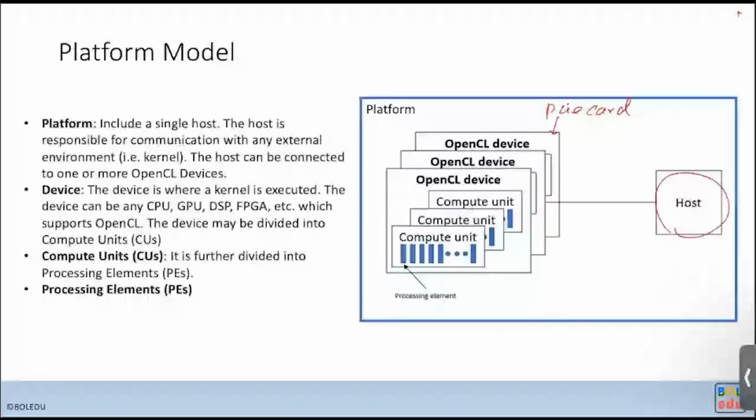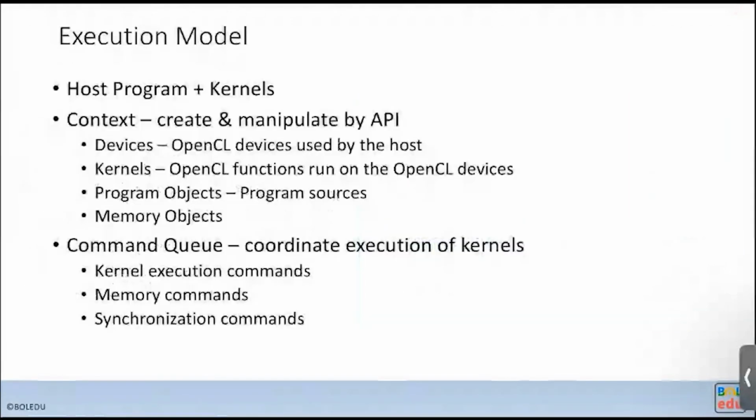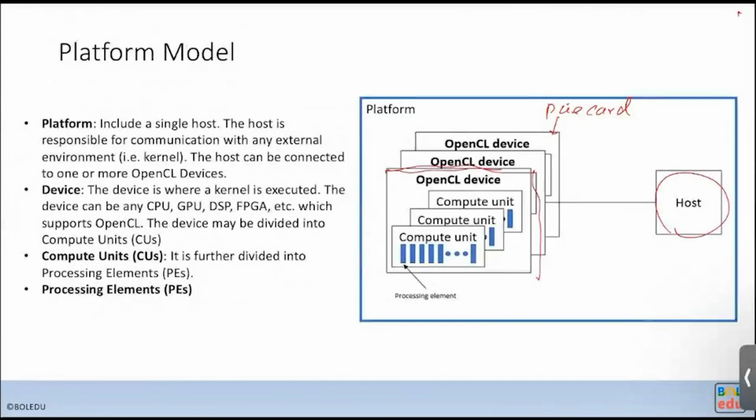Okay. So inside each, you can think of that's an FPGA chip. Okay. So the OpenCL device is a PCIe card and an FPGA chip. Okay. And inside this FPGA chip, you could have multiple compute units. Okay.